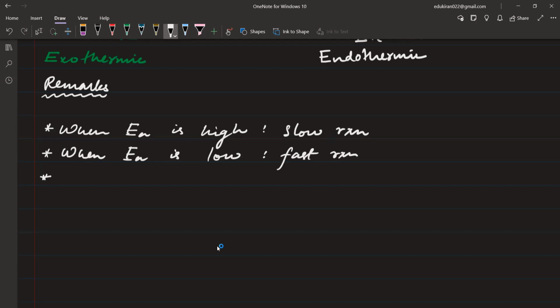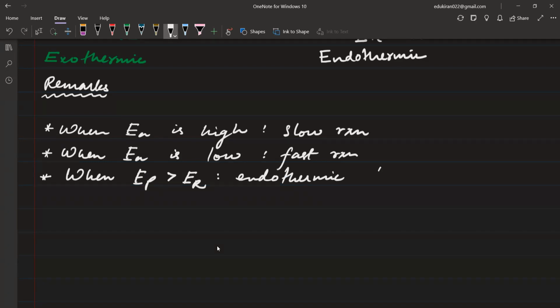Next point. If energy of product is greater than energy of reactant, in this case, it will be what? Product की energy ज़्यादा है. That means it will be what?